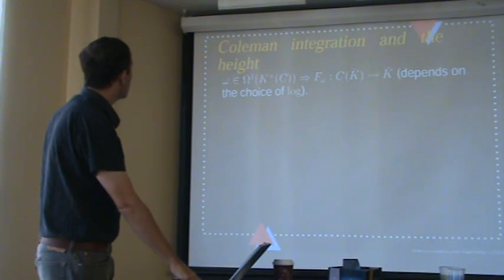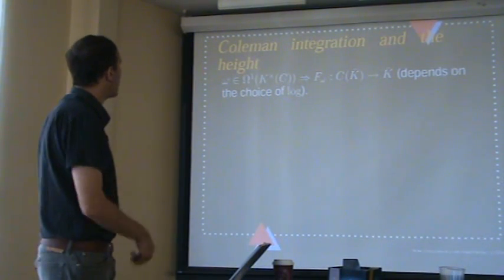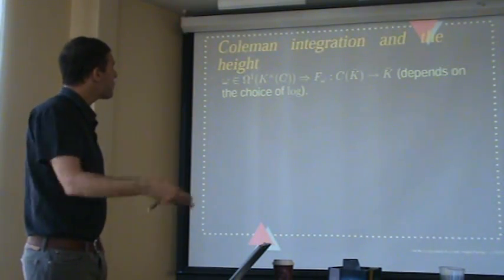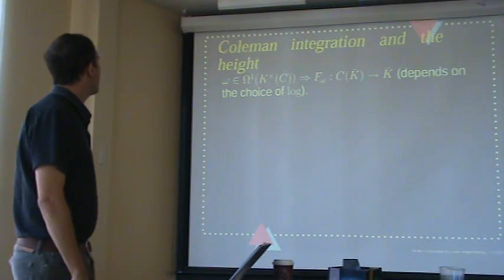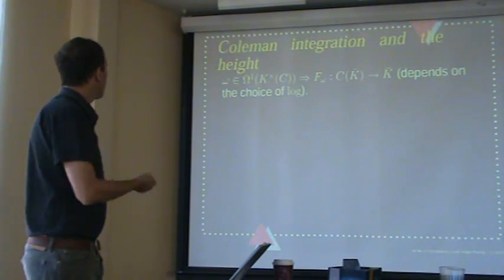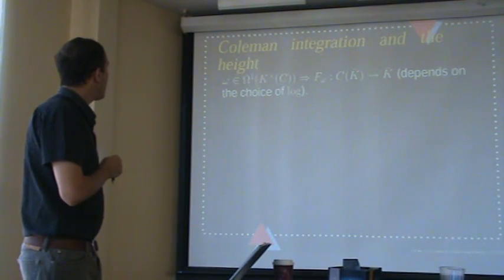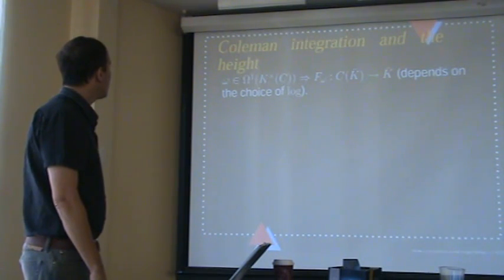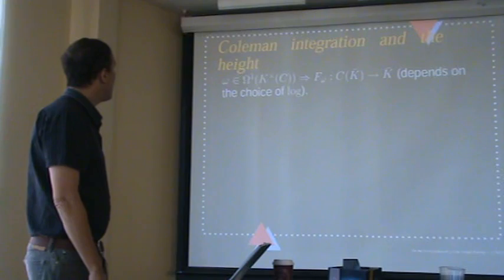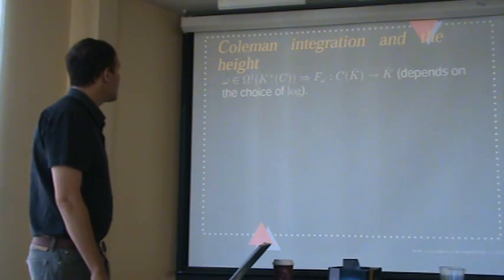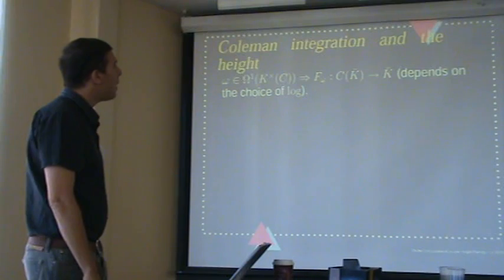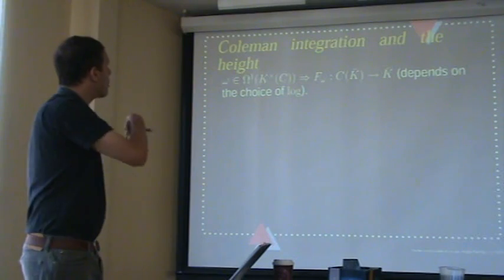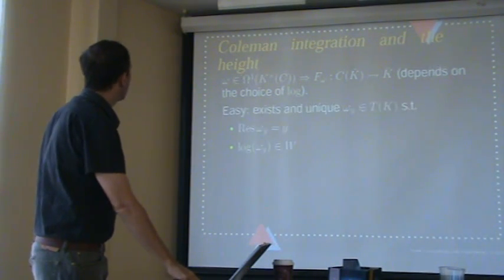And now I have to say something about Coleman integration. The idea is to say as little as possible about Coleman integration, because that will be further exposed in the next lecture. So for now, I'll just say the setup that we need here. You take meromorphic differentials on C, and Coleman integration converts that to a function from K-bar points of C into K-bar, and the function depends on the choice of the branch of the logarithm.